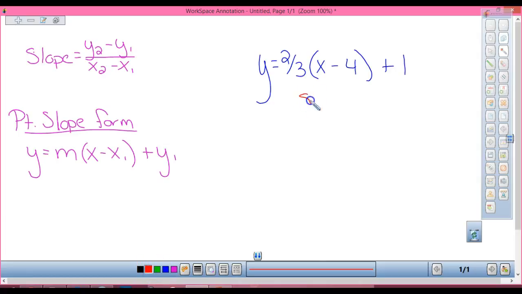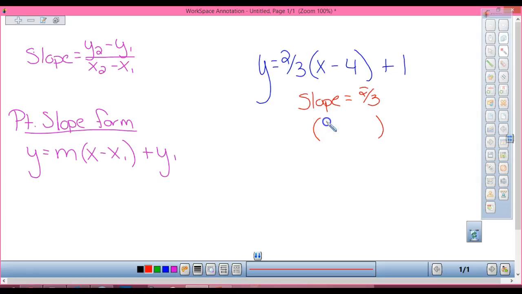What is my slope? My slope is 2/3, so that's my m, right? My point that I'm looking for, you remember, is your x1 comma y1, right? What is my x1 in this problem?